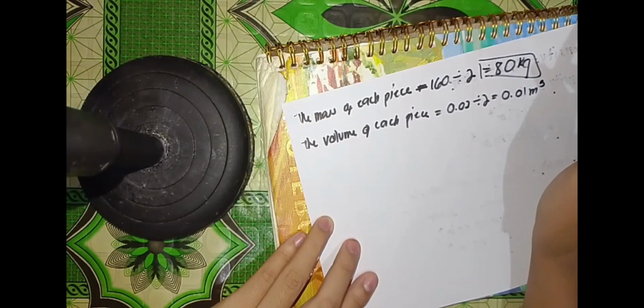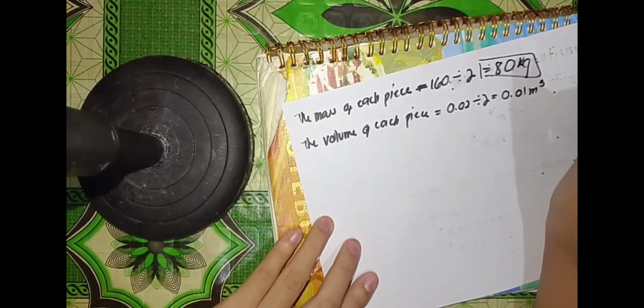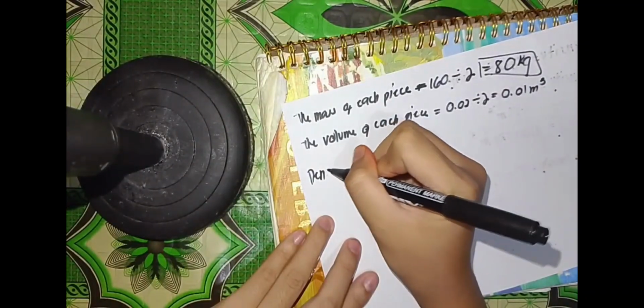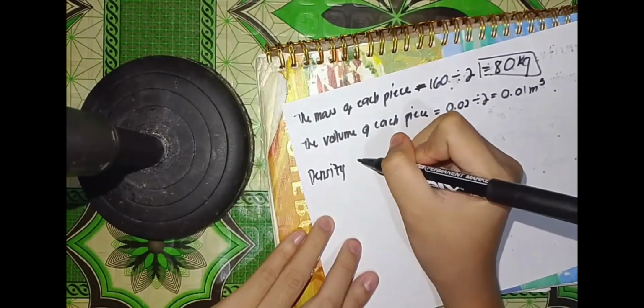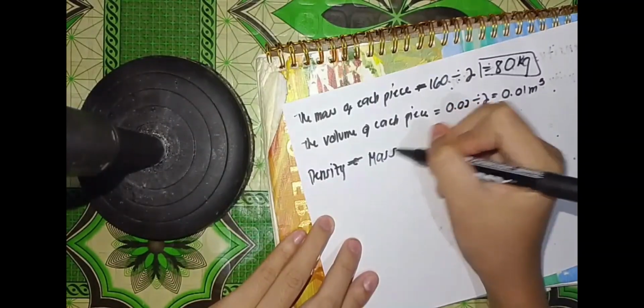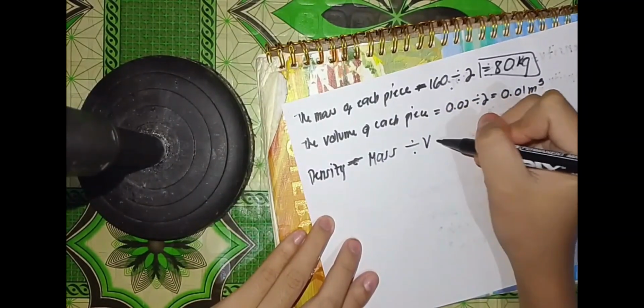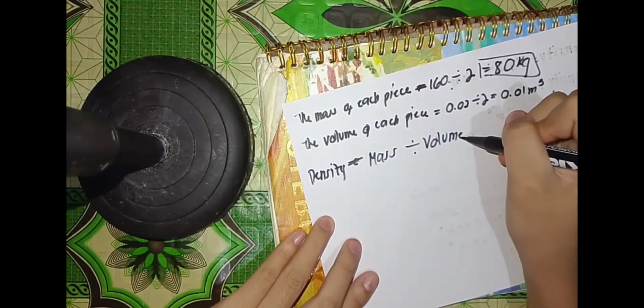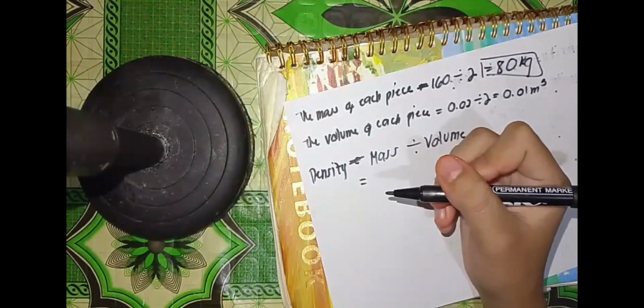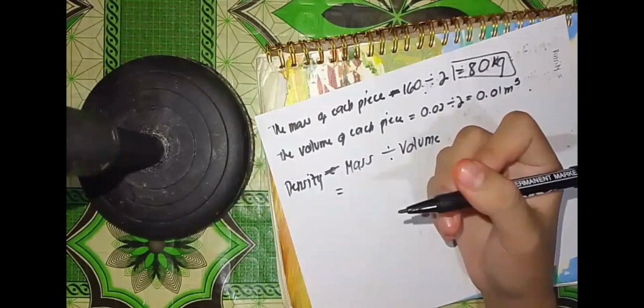Now, check the density again. Density equals mass divided by volume.